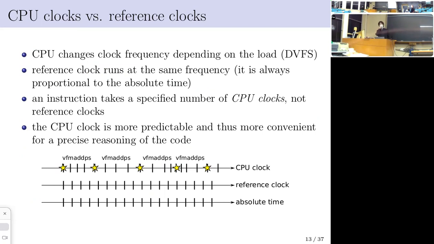The reason why it was not exactly 4, but instead something like 3 plus something, is that there are 2 kinds of clocks in the processor. Probably you may have noticed something like this. Recent CPUs change clock frequency dynamically depending on the load.